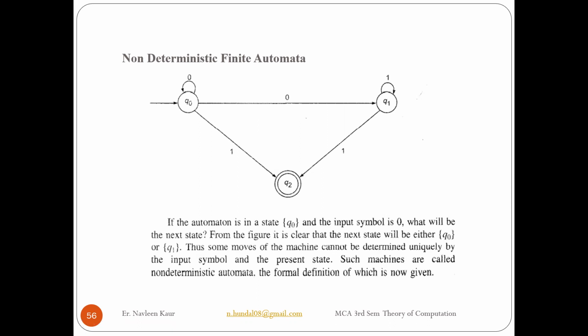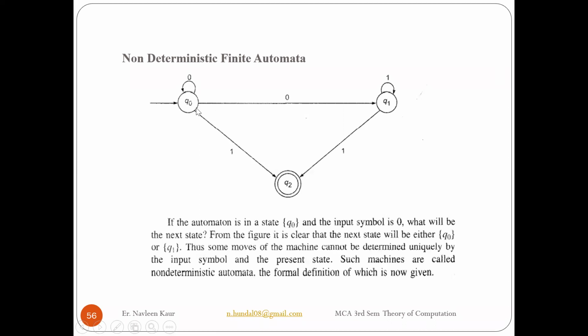So let's do it. If the automata is in state Q naught, obviously, if you are starting a machine, it is in the starting state, and the input symbol is 0. So to Q naught, if you give input symbol 0, what will be the next state?